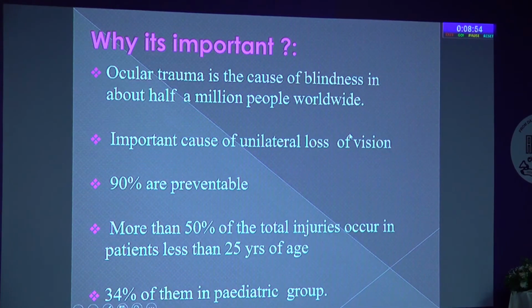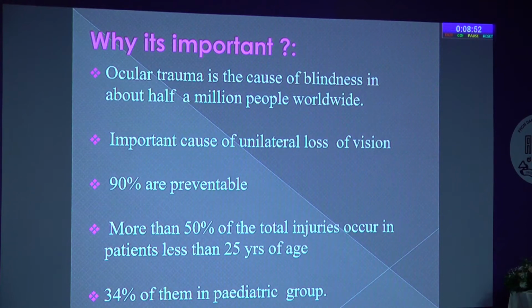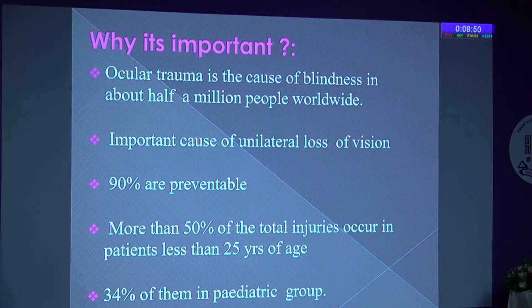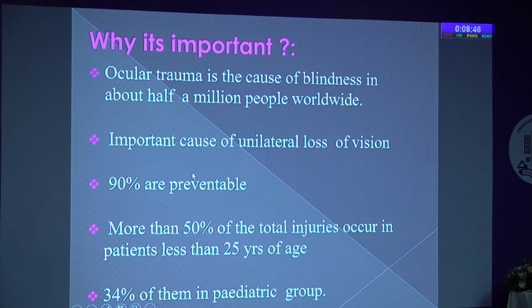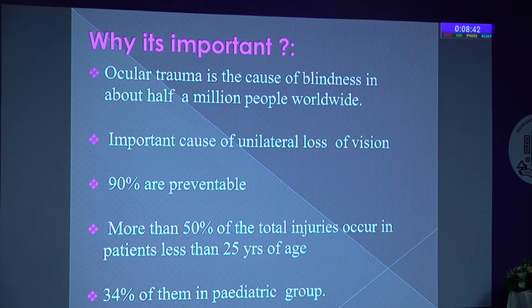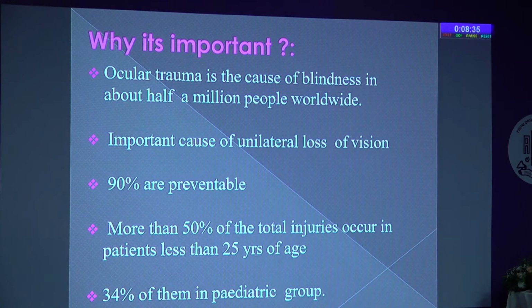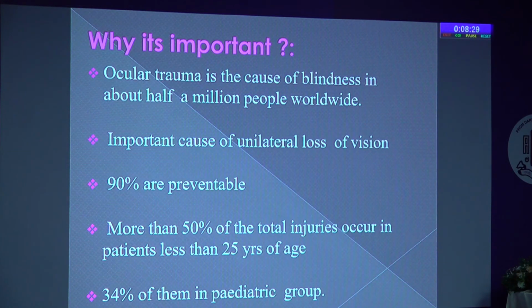But the important thing is that 90% of them can be prevented, meaning it is a preventable cause of vision loss, and if we have good knowledge, we can prevent it. So whatever the vision loss is by this penetrating injury, we can reduce the burden too.